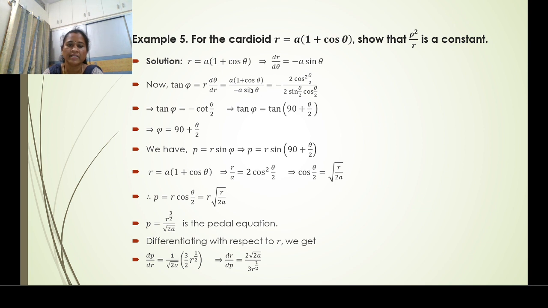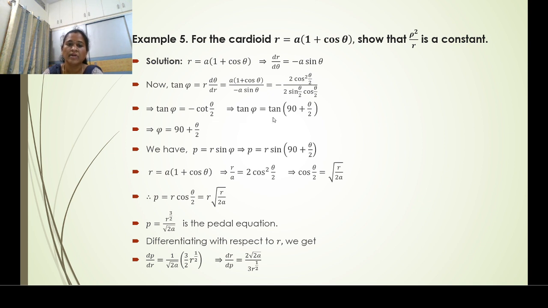On simplifying this, here a gets cancelled. 1 plus cos theta can be written as 2 cos square theta by 2, and sin theta can be expressed as 2 sin theta by 2 cos theta by 2. Then on simplification, 2 gets cancelled, one cos theta by 2 term gets cancelled, remaining is cos by sin. Cos by sin is nothing but cot, so minus cot theta by 2.